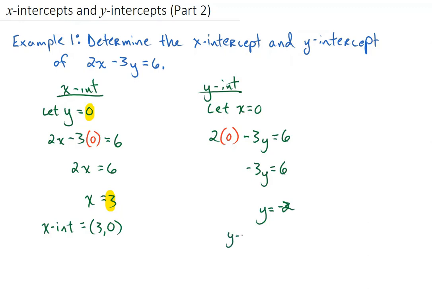What that means is my y-intercept is going to equal the ordered pair (0, negative 2), because we always put the x first. The 0 for x is coming from where we started, and the negative 2 for y is the one that I ended up solving for. Alright, let's do another example.